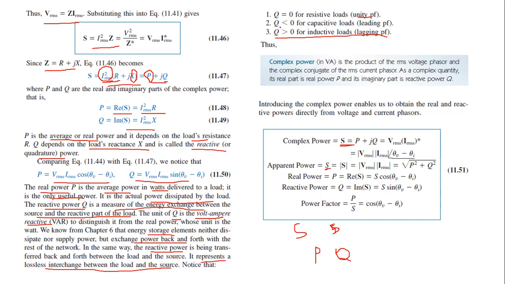If Q is less than 0, what does it mean? If Q is negative, we will have a minus here. When can we get minus here?